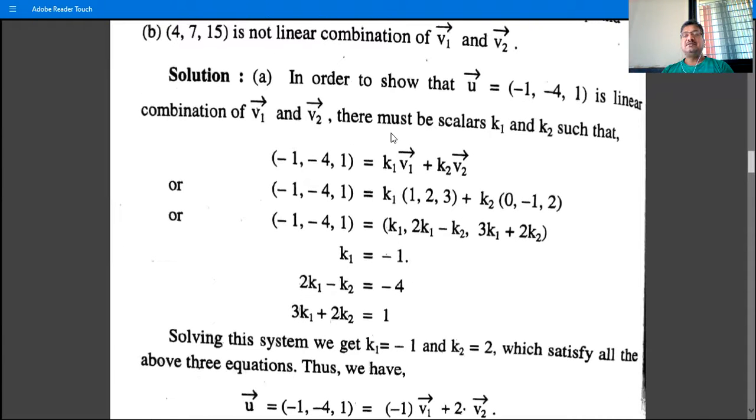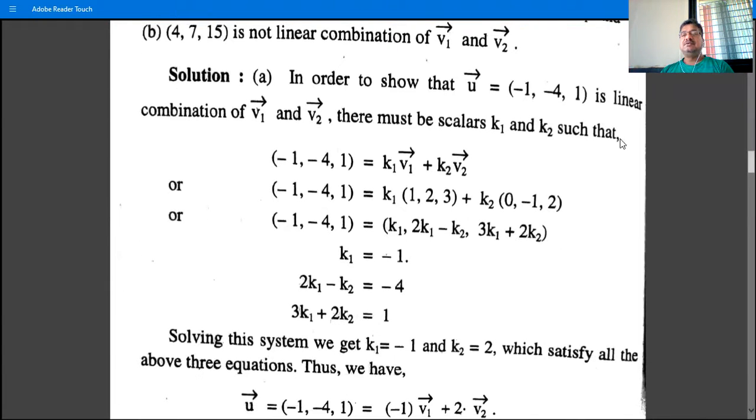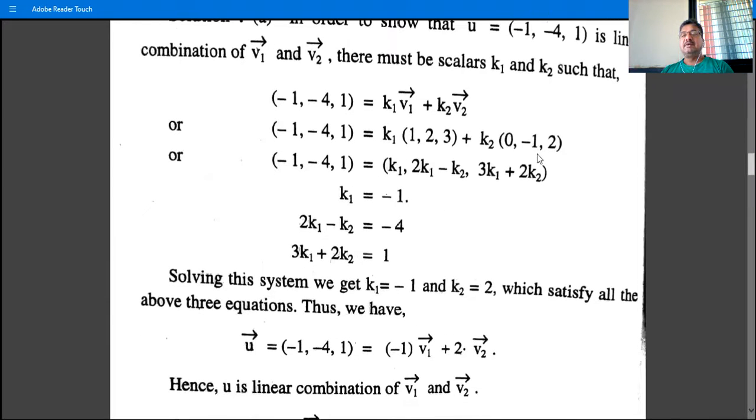So first sentence is: U bar as the given vector, V1 bar, V2 bar as these two vectors, and then let K1 and K2 be scalars so that U bar is equal to K1 V1 plus K2 V2. Then substitute the values of U bar, V1 and V2. Then apply the definition of scalar multiplication in R3, and then the definition of addition of two vectors.